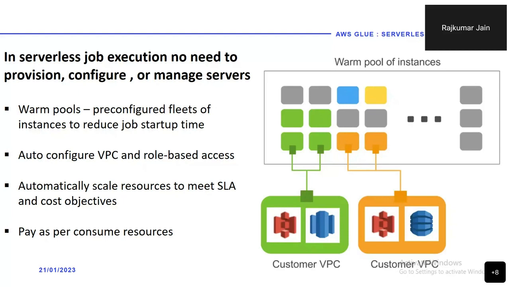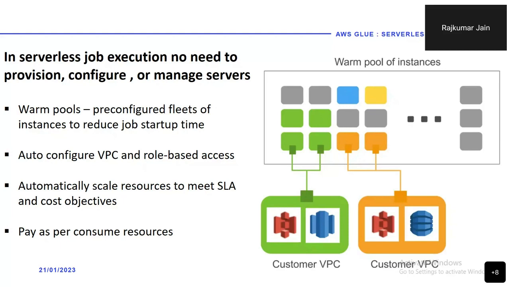Second, it auto-configures your VPC and role-based access for the job executions. When you are configuring it, it will ask if you already have that particular role or not, and if not it will create it for you, and it knows what kind of resources and what kind of access is required to execute those. Another one is that it automatically scales the resources to meet SLA and cost objectives.